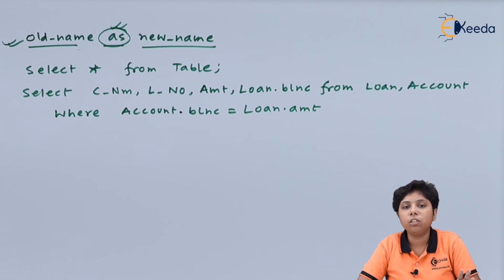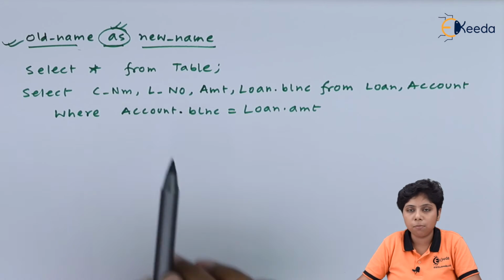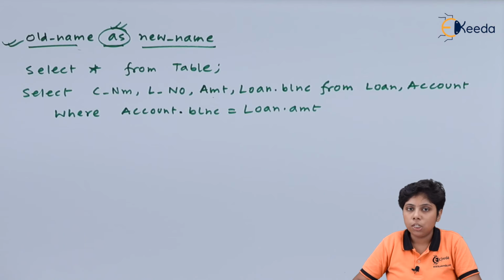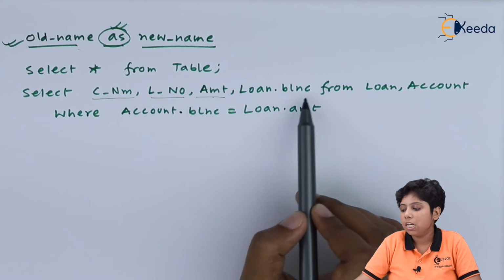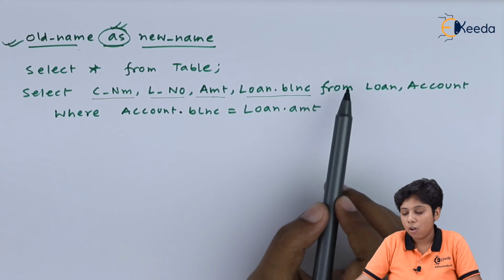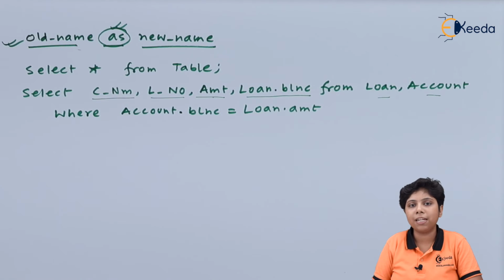Our relations loan and account have the attributes account number, account type, balance, customer name, loan number, and amount. Now we are using a query which will fetch the customer name, loan number, amount, and loan.balance from the loan and account relations, matching only when the account balance is the same as the loan amount.